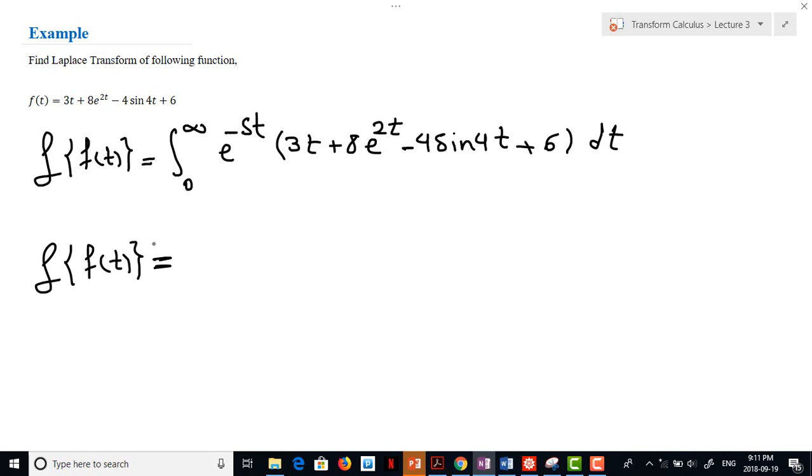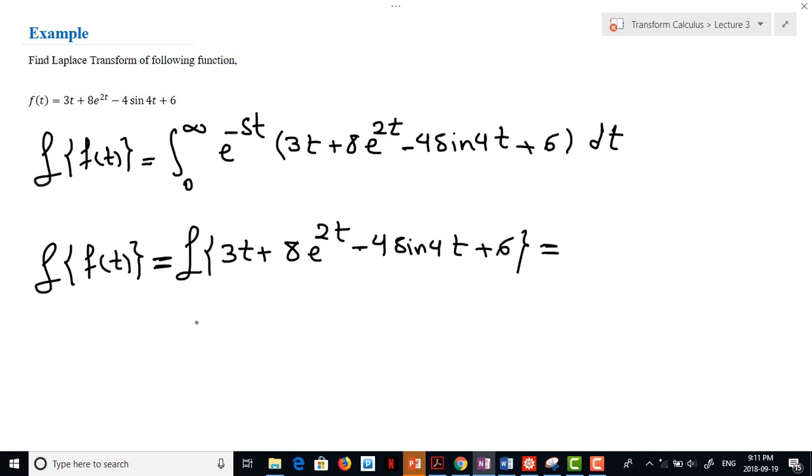I posted it on Moodle, so you can have access to the formula sheet to see how it works. So Laplace transform of f(t) is equal to Laplace transform of 3t plus 8 e to the power of 2t minus 4 sine 4t plus 6.